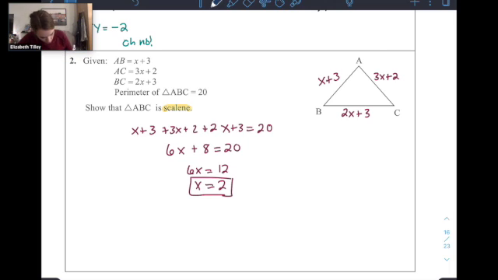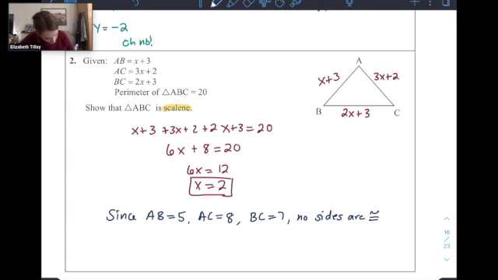Once you have found your sides, I would say something like, since AB equals 5, AC equals 8, and BC equals 7, no sides are congruent, and triangle ABC is scalene. So this would be a way that we can complete our answer.